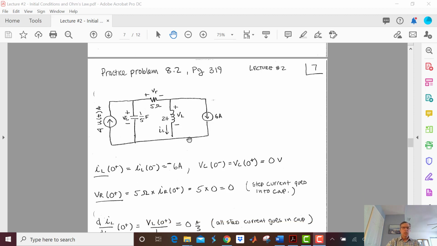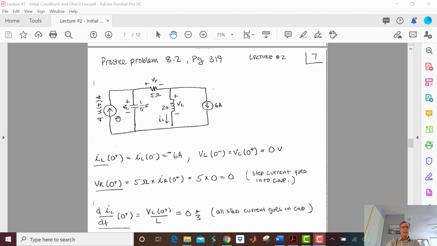Okay, so at t equals 0, I know I'm going to have no voltage across this inductor. So that means I'm going to have 0 volts here. Let's pretend like there's a ground symbol here. So I can say I have 0 volts here.